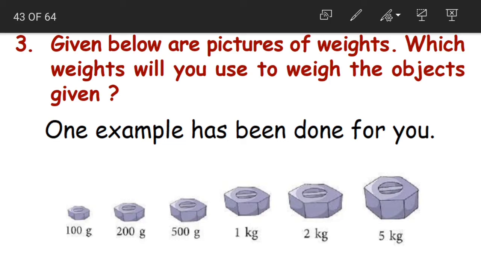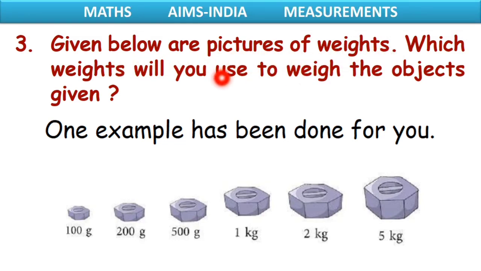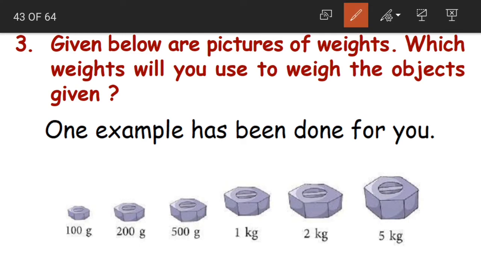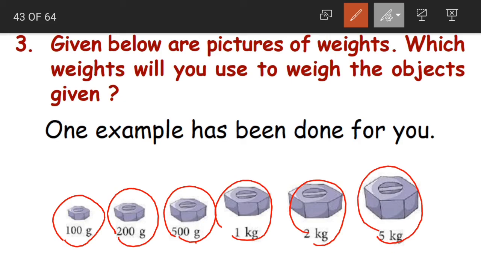And the last question for today, given below are the pictures of weights. Which weights will you use to weigh the objects given? Now we are having few weights here. What are they? This is 100 grams, 200 grams, 500 grams, 1 kg, 2 kg and 5 kg.